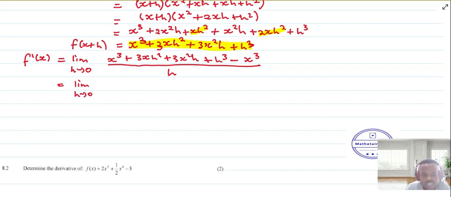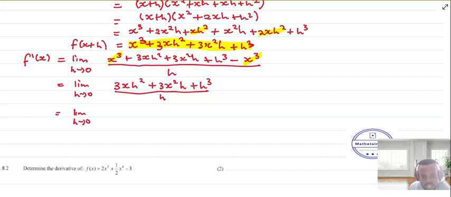So you see that this one and this one cancel. So we are left with 3xh squared plus 3x squared h plus h cubed, all over h, the limit as h tends to 0.